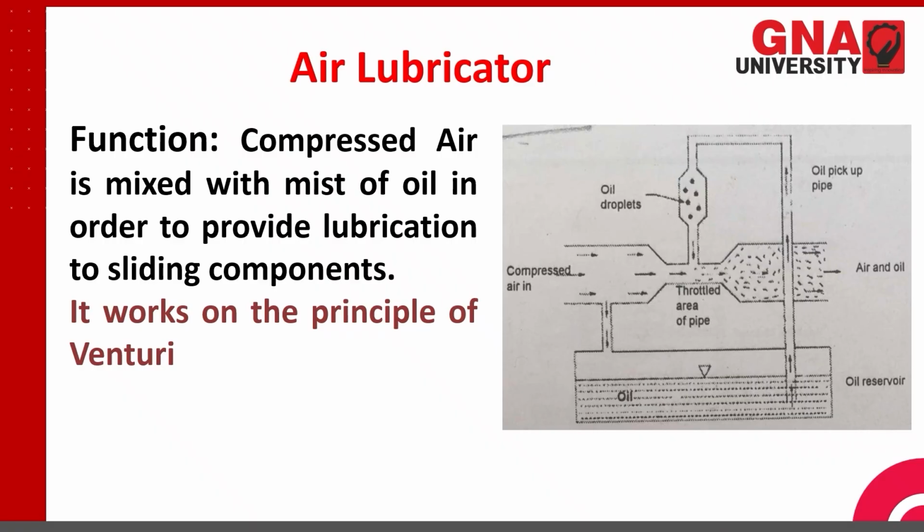When we tighten it, the tension increases. When we untighten it, the tension decreases. Now the second force is the fluid force on the diaphragm. The spring force will always be acting in the downward direction. The supply pressure that is coming from here will be acting upwards.